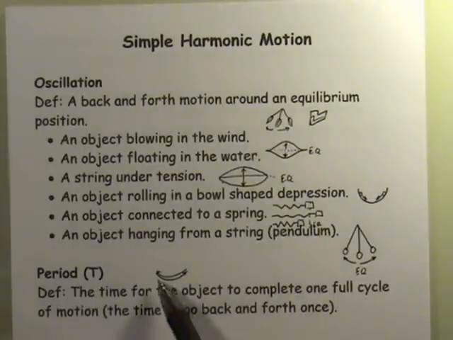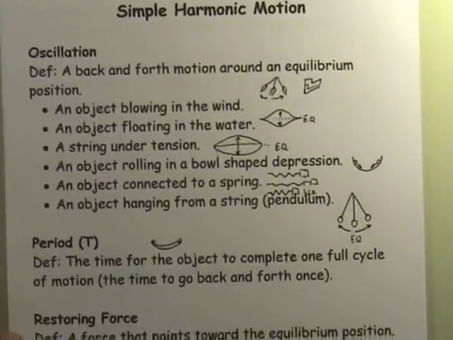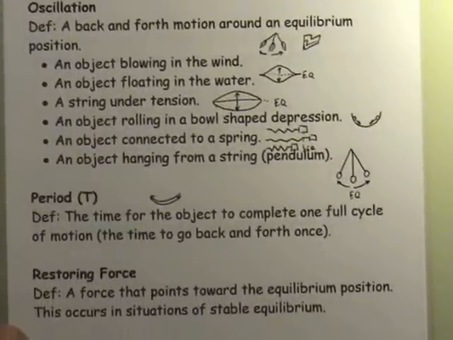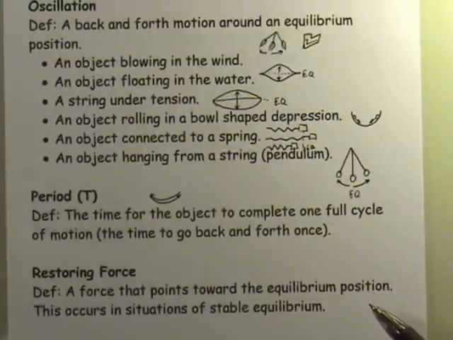Now, what causes the object to make this back and forth motion? Obviously, there must be forces acting on this object. The reason why objects undergo simple harmonic motion is because of a property called the restoring force. In a simple sense, the restoring force is the force that points back towards the equilibrium position, which only occurs in a situation of stable equilibrium. I'll show you what I mean by that in just a second.